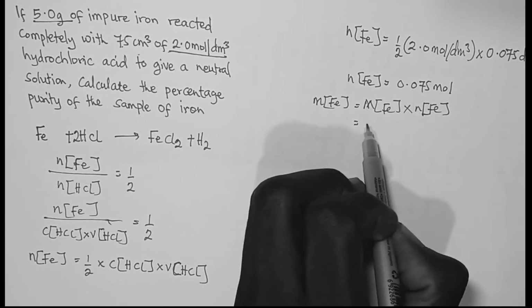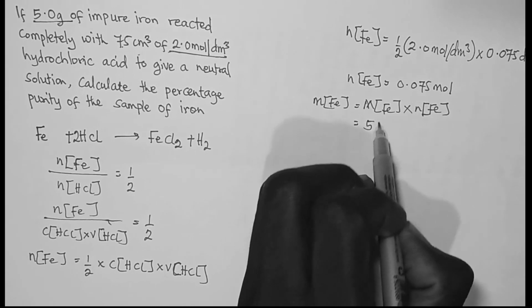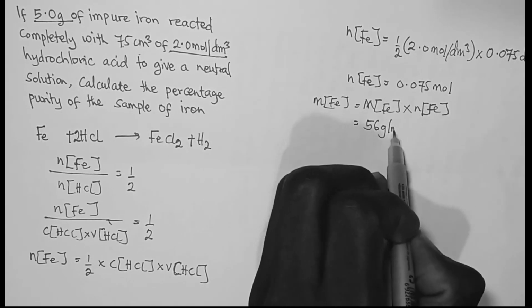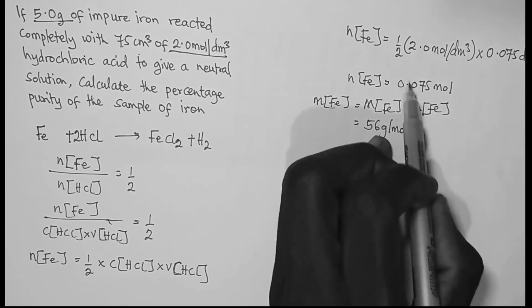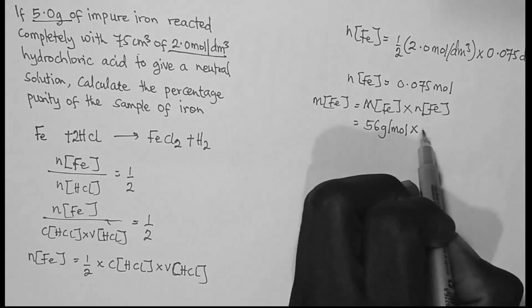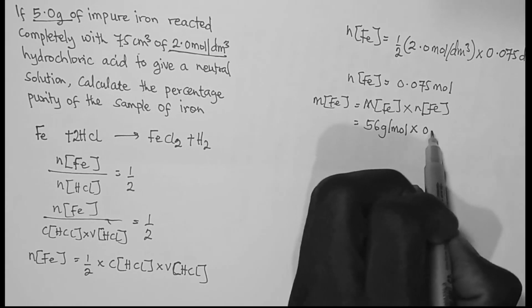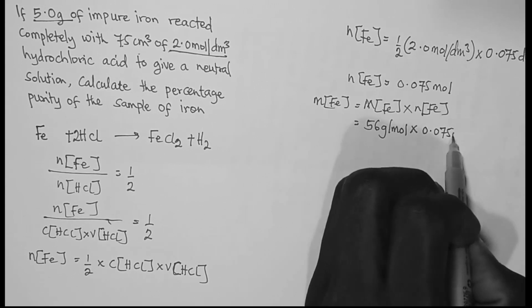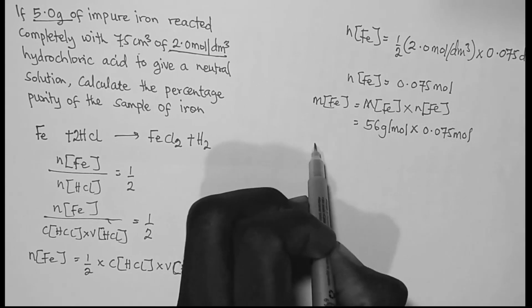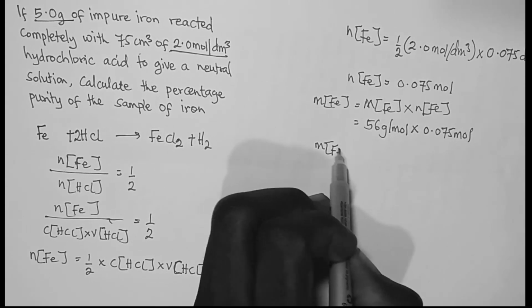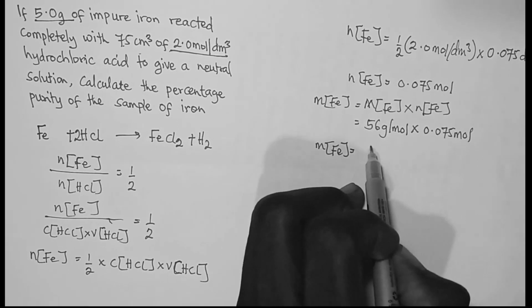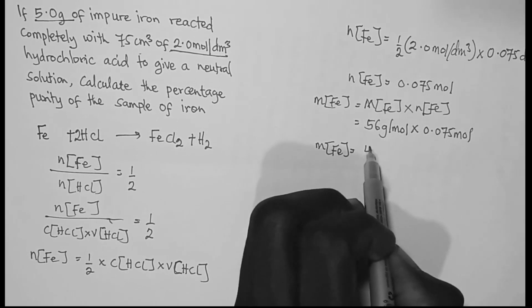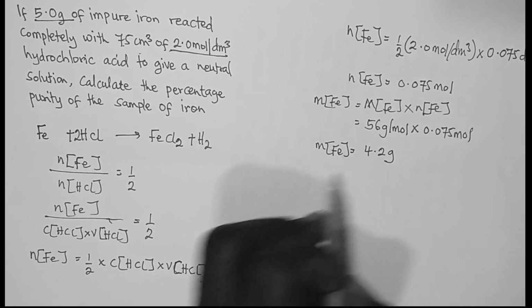Molar mass of iron is 56 grams per mole, and the number of moles of the iron that was gotten from the reaction is 0.075 moles. So if you multiply, you see that the mass of the pure sample of iron obtained is 4.2 grams.